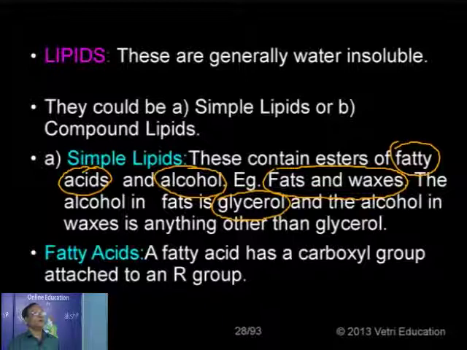Then what about the alcohol? The alcohol is not glycerol. It is anything other than glycerol. So the fats contain glycerol, whereas the waxes contain fatty acids plus something other than glycerol.